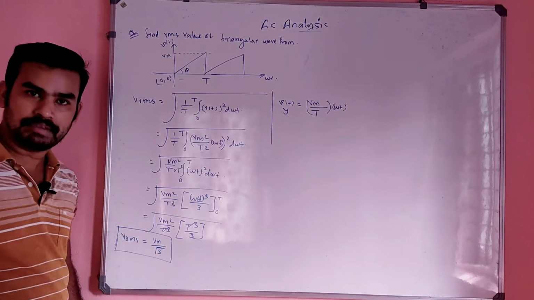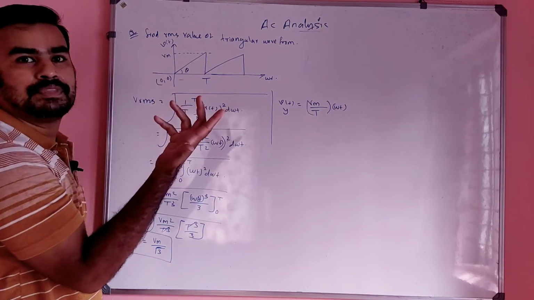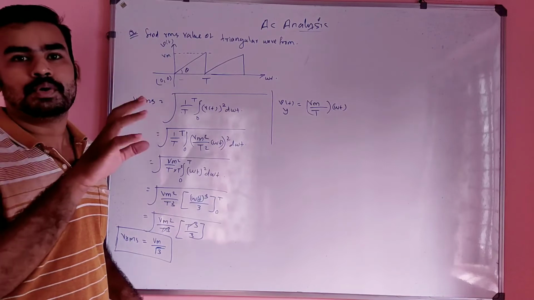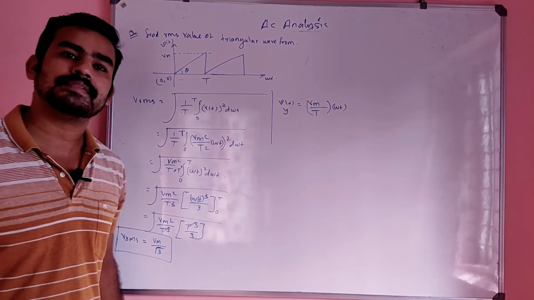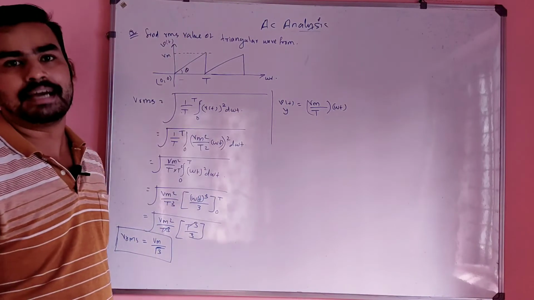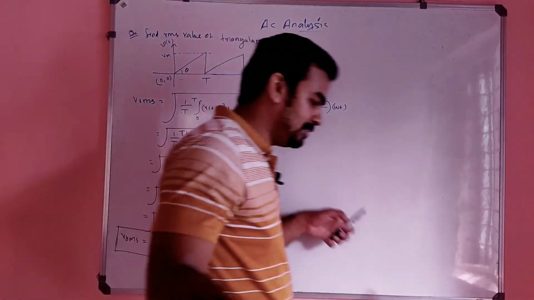It is simply Vm by root 3. So triangular means 3. You have to think triangular, 3. So what is the RMS value of a triangular wave? Simply Vm by root 3. Whether it is 10 volt, 20 volt, 30 volt, whatever Vm is, Vm by root 3 will give the RMS value.